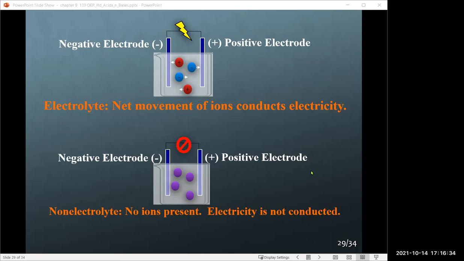You can think about it, don't do this at home. If you had a bathtub cleaned out real well, and you added deionized water, that's water with no ions, and you fill that tub up, and then you throw in your hair dryer plugged in, nothing's going to happen. No electricity is going to be happening.